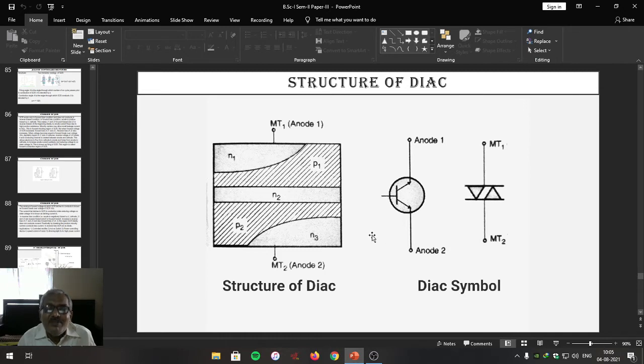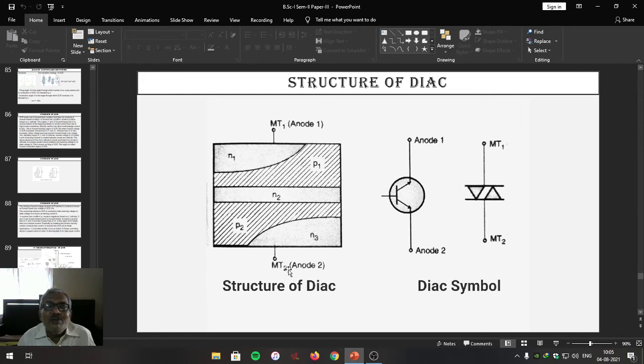Students, friends, let me explain its working in short. When MT1 is positive with respect to MT2, means when the external battery is connected so that the positive terminal of the battery is connected to MT1, and the negative terminal of the battery is connected to MT2. As MT1 is positive, it will reverse bias the N1 layer, whereas forward bias the P1 layer.